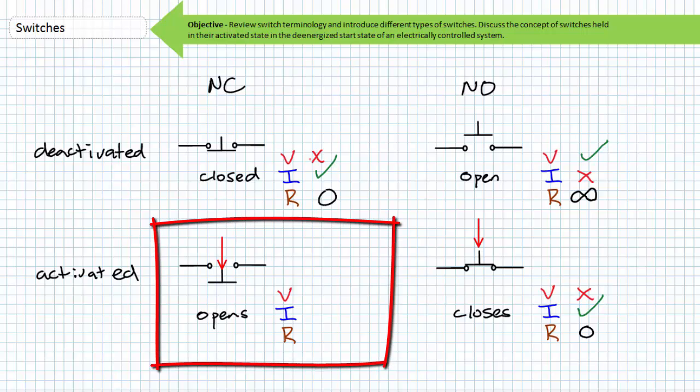Finally, what is the resistance of a normally closed switch when it is activated? In its activated state, a normally closed switch opens and should ideally present infinite resistance because it's been opened. In its activated state, a normally closed switch will not allow current flow through it, and it should have a voltage drop across it, depending upon its position within the circuit.